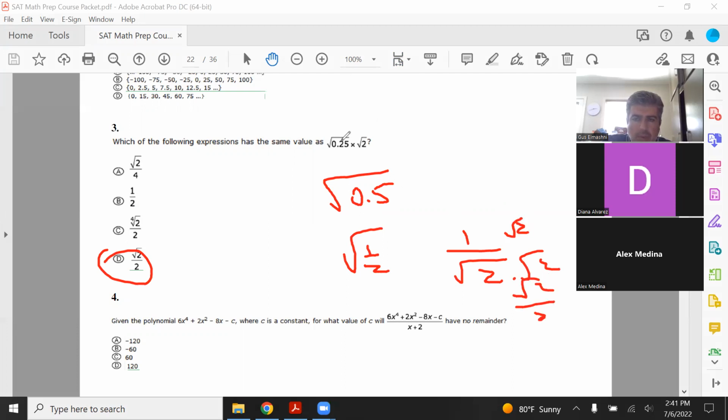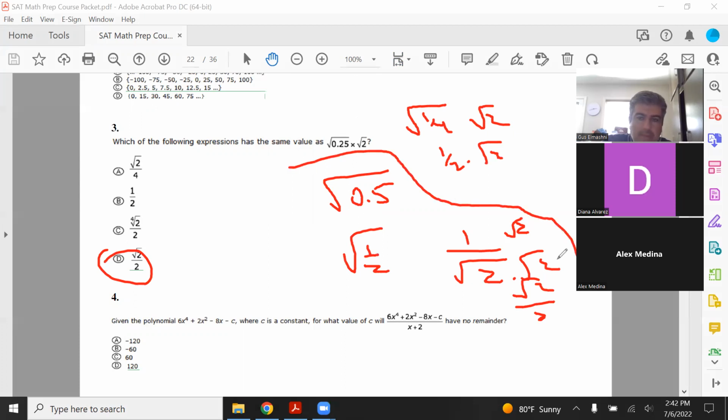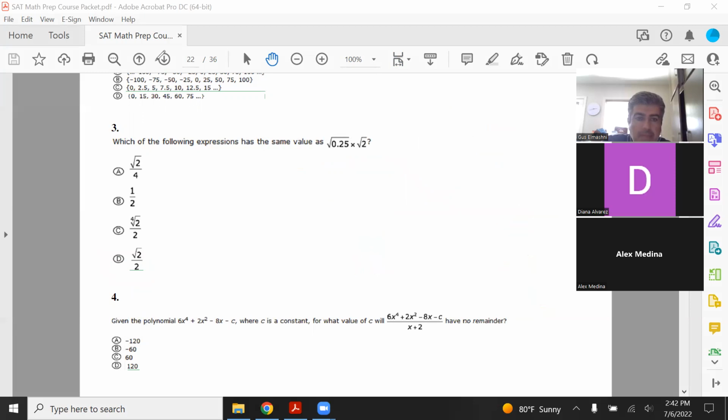Or you could write 0.25 as 1/4. So it's root 1/4 times root 2, which is then 1/2 times root 2, which is root 2 over 2. So that would work also. Either pathway would have been fine. Questions about that one? Nope. Okay, let's keep moving.